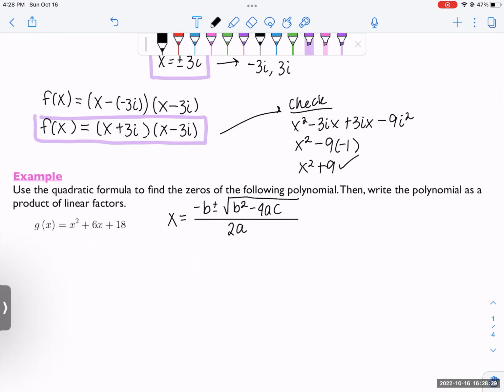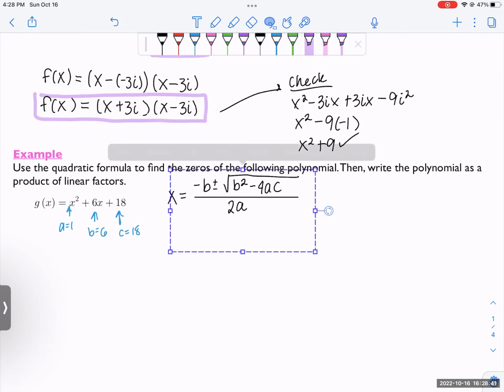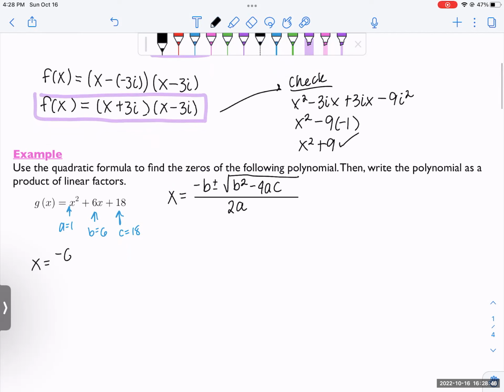In this case, a is 1, b is 6, and c is 18. So x equals -6 plus or minus the square root of 6 squared minus 4 times 1 times 18, all over 2 times 1.